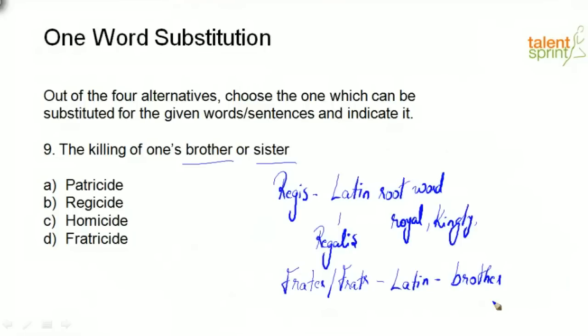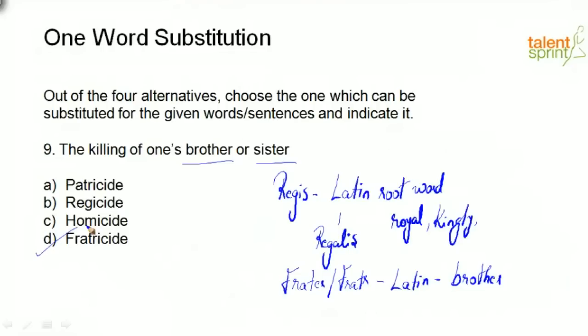Like a teaching fraternity, right? All of them are united because they share the same interest. So a feeling of brotherhood, brotherliness, right? So having said that, we can easily go ahead and select option B. Just understanding this Latin root word, which means brother, right?